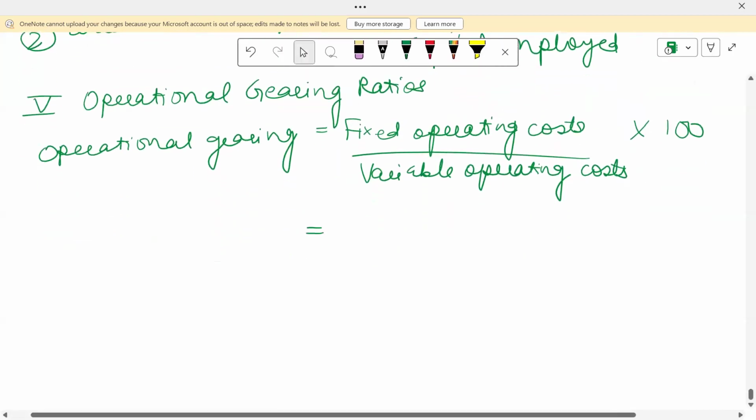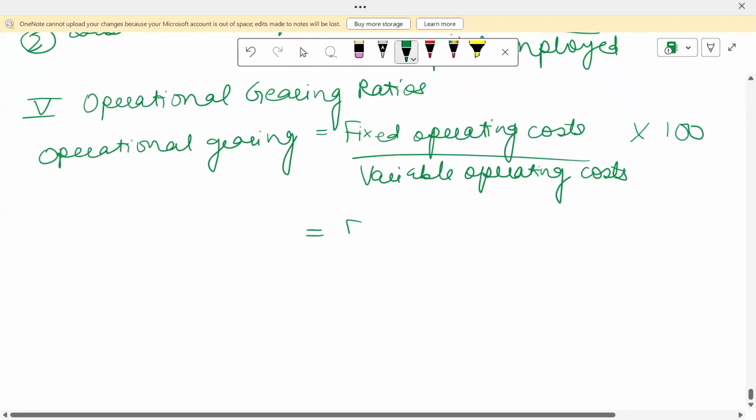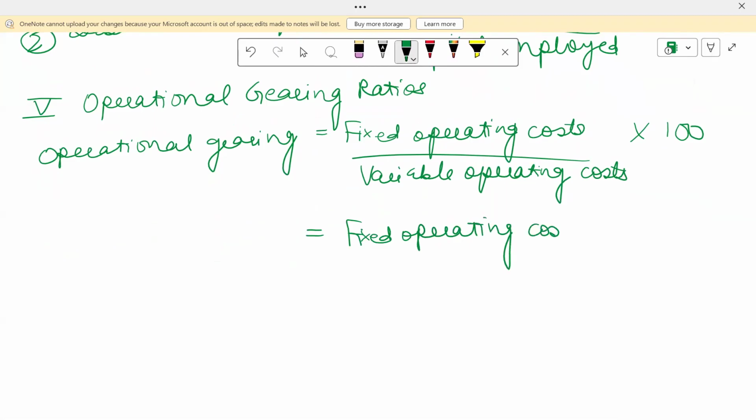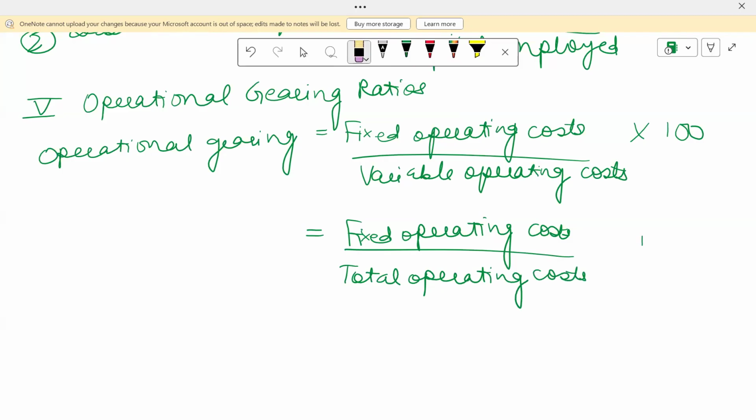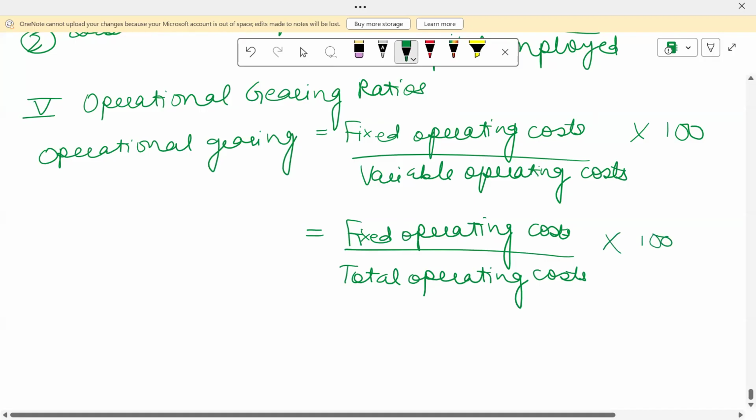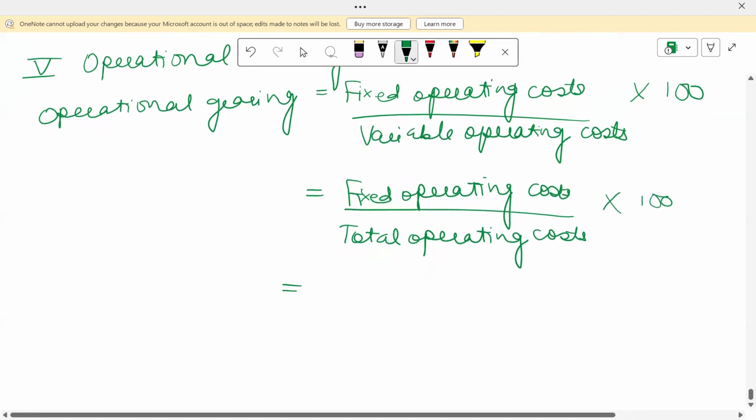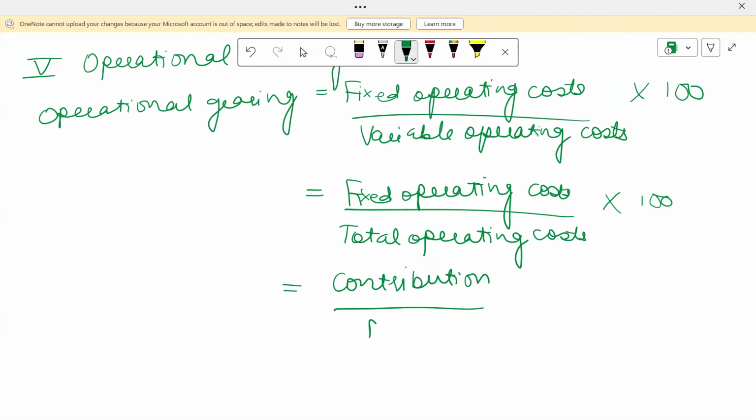Another formula to do the same is you can compare the fixed operating costs to the total operating costs. And then one more formula which is also used to calculate operational gearing is your contribution divided by PBIT.